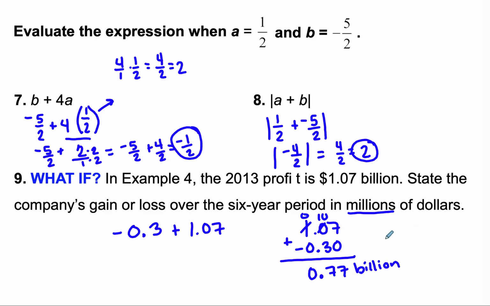But they wanted to know how much in millions. So if I wrote it as billions, 0 instead of the decimal here, I put the comma for the billions. 77 million, thousand. So then if I wrote this number and I just ignore that 0 on the front, that would be $770 million.